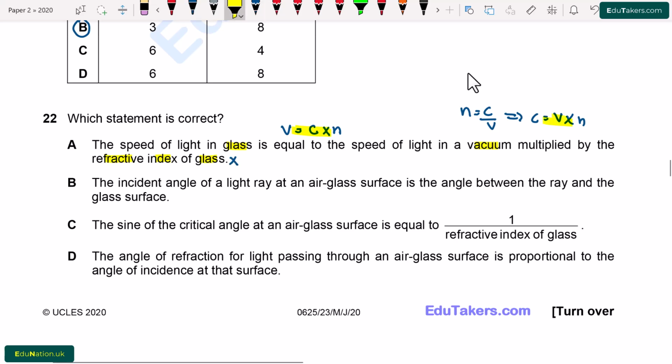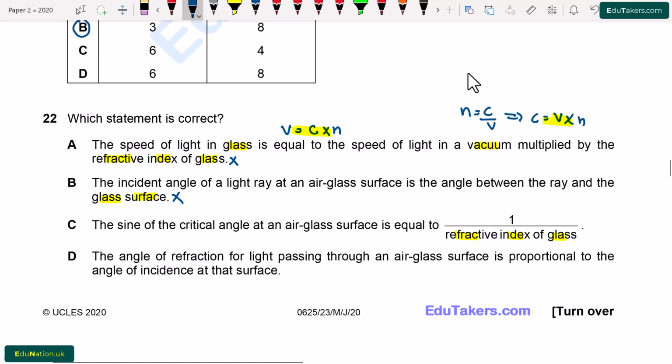Option B. The incident angle of the light ray at an air-glass surface is the angle between the ray and the glass surface. So angle of incidence is basically the angle that the incident ray makes with the normal. So this option is also incorrect. Option C. The sine of the critical angle at an air-glass surface is equal to 1 over the refractive index of the glass.